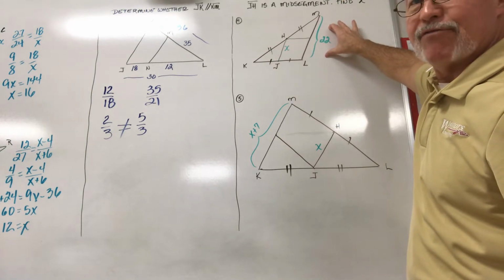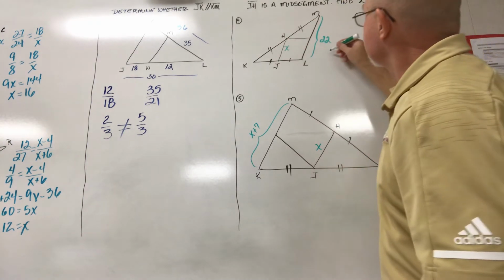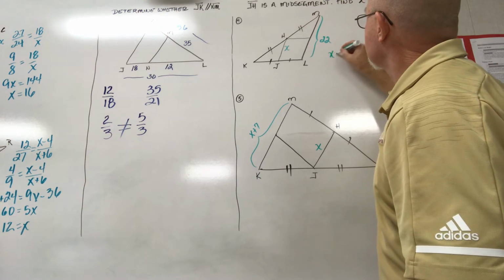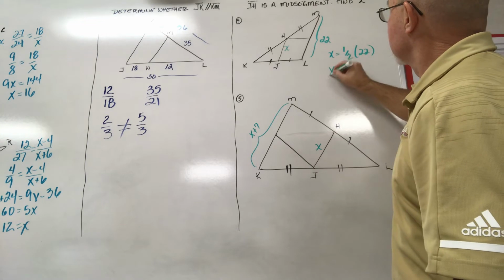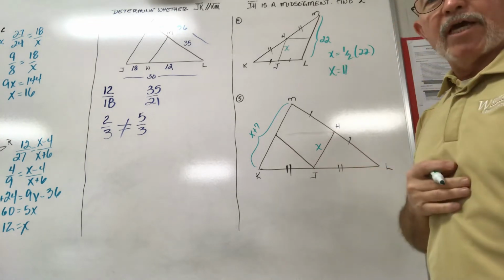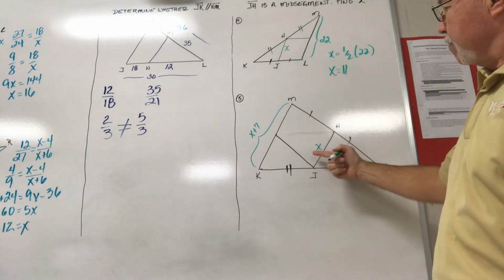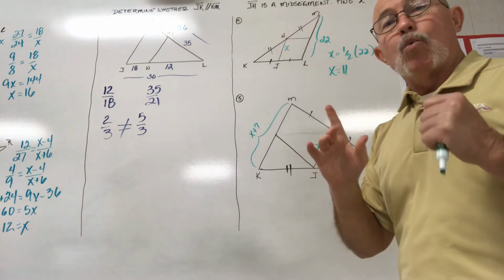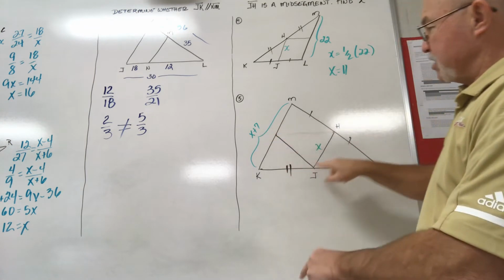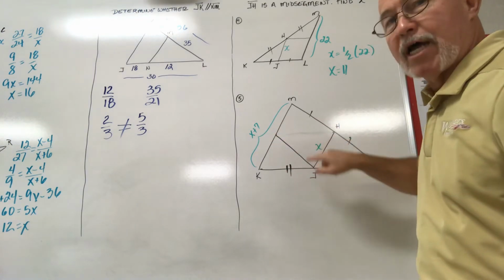Its length is half of 22. Down here, x is half of x plus 7, which means x plus 7 equals 2 times x.